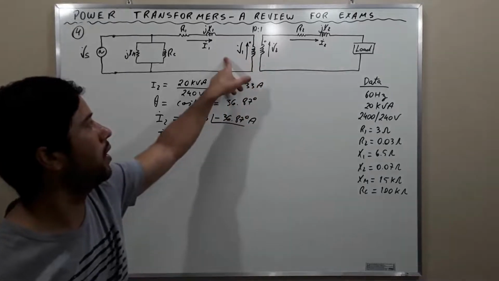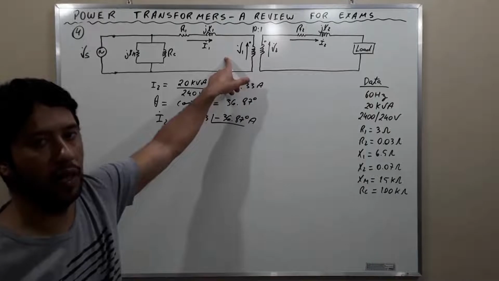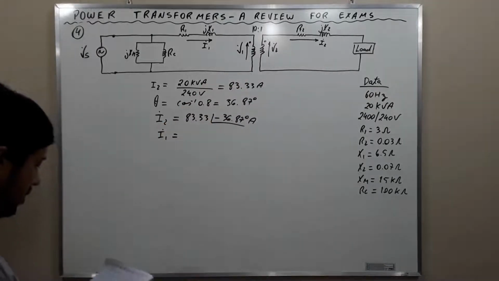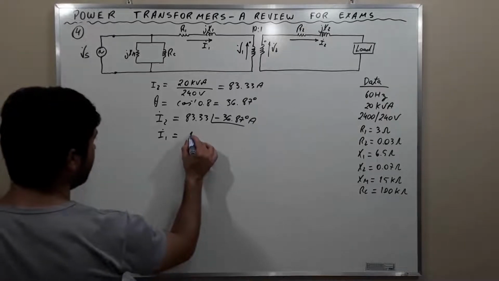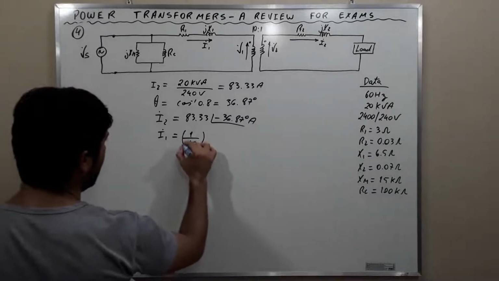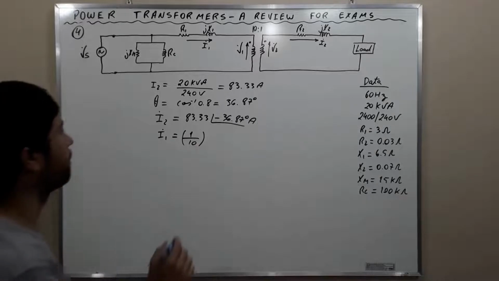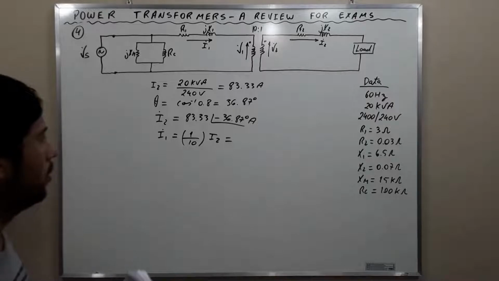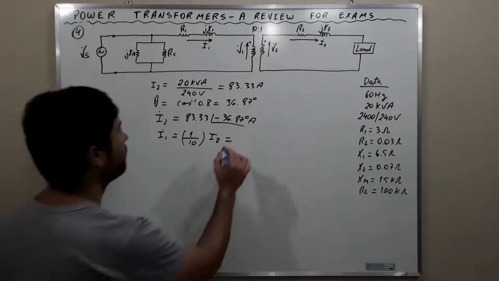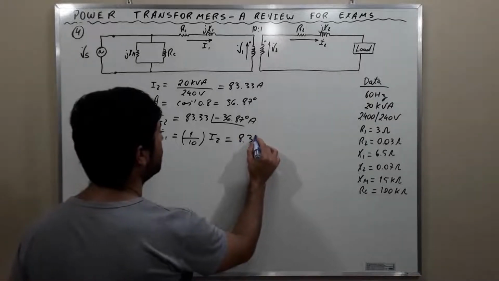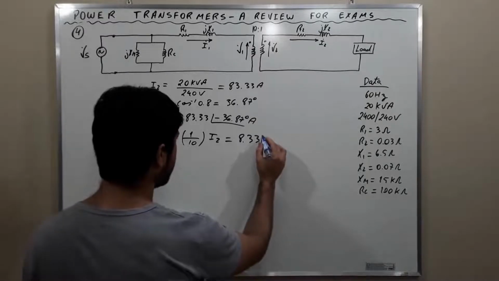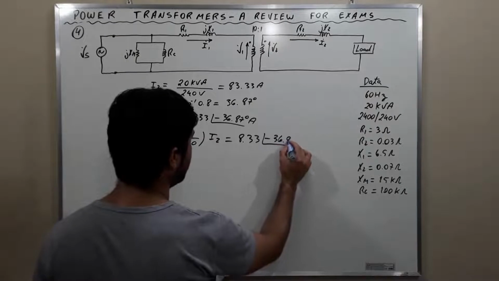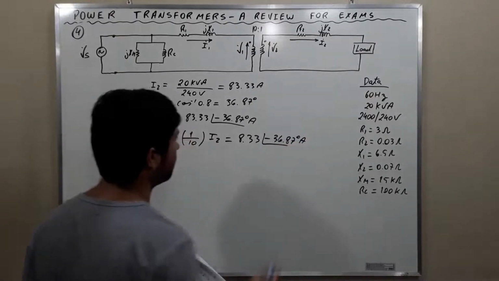Conversely, the current here has to be smaller. Alright? So I1 is equal to a tenth of I2, or 8.33 phase negative 36.87 degrees amperes.